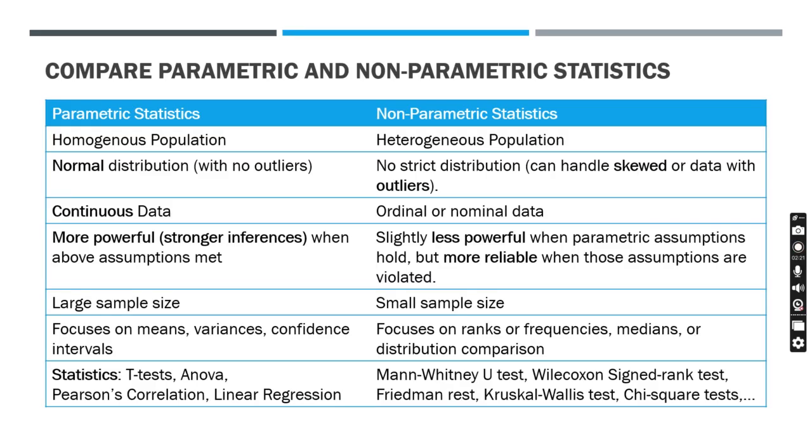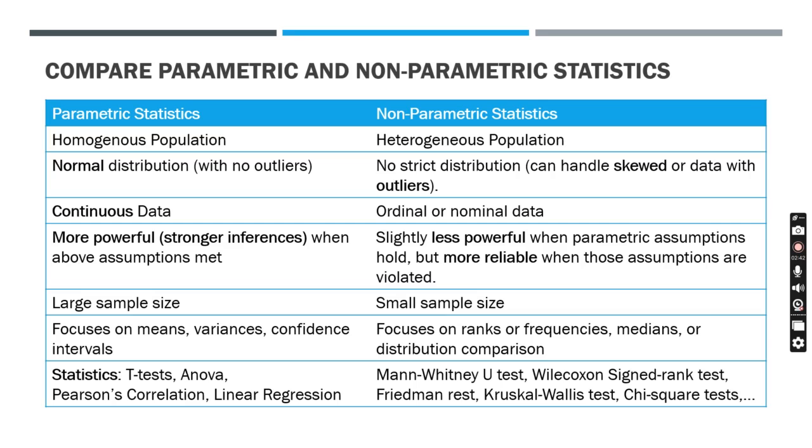Parametric statistics use continuous data, but non-parametric statistics use ordinal data. As we said, with continuous data we can even use fractions. We say 10.1, 8.0, 15.5, or we use percentages, 50%, 60%. This is continuous data.